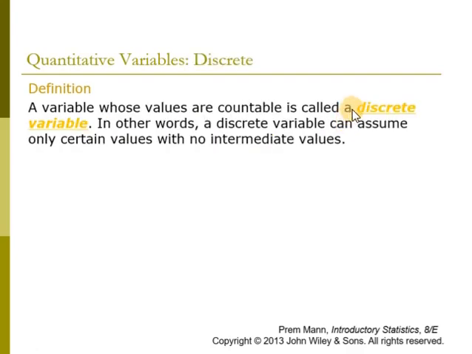The quantitative variables may be classified as either discrete variables or continuous variables. The values that a certain quantitative variable can assume may be countable or non-countable. A variable that assumes countable values is called a discrete variable. A discrete variable can assume only certain values with no intermediate values. For example, just now, how many houses do you have? For example, 3 houses.